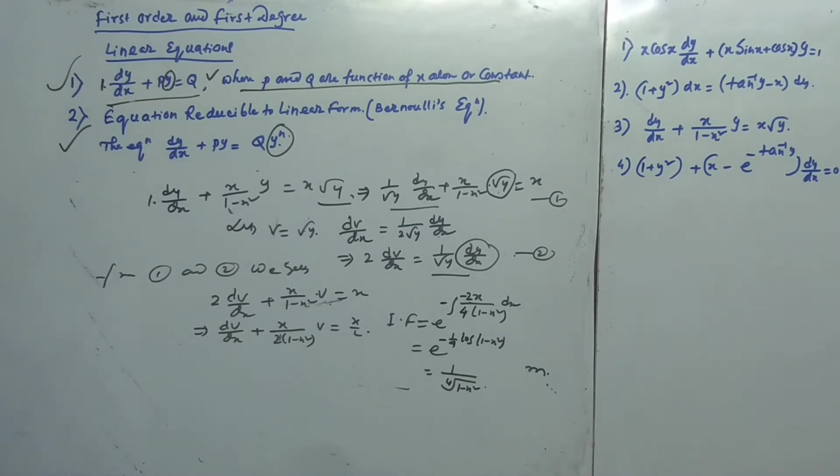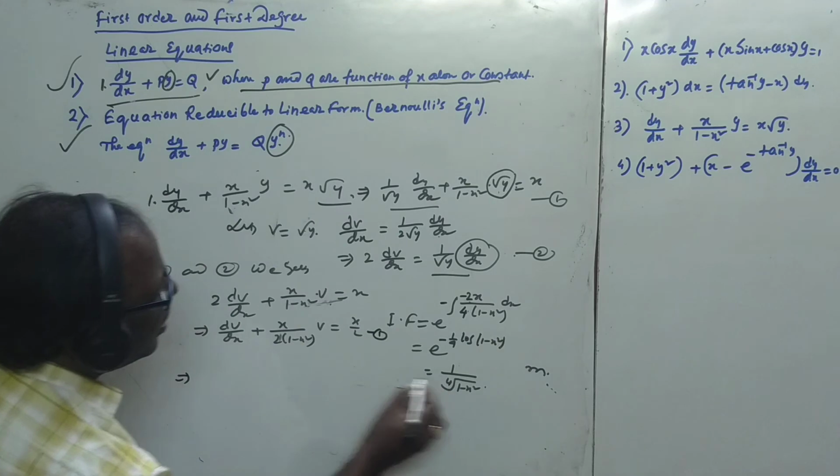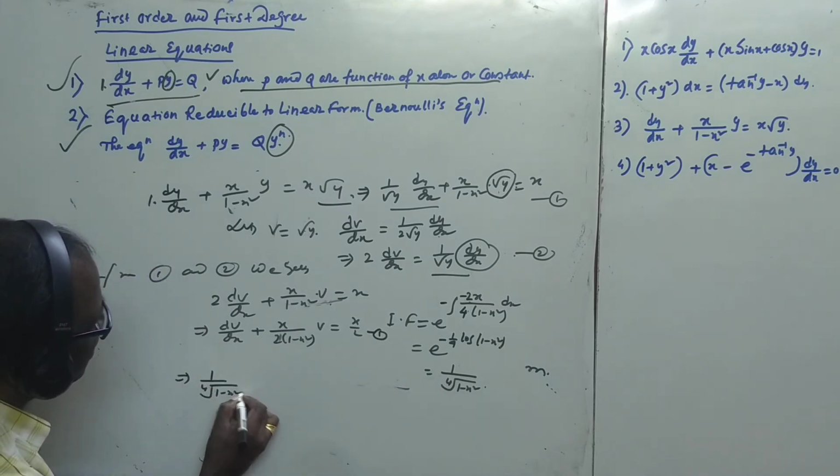This is the technique. Similarly, multiply the equation by the integrating factor, the fourth root of 1 minus x square.